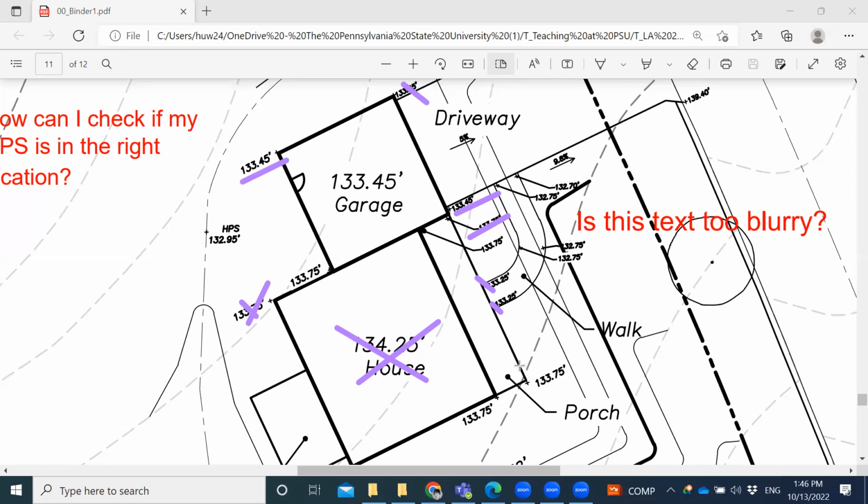Or is this porch above? It's probably above the ground. So the ground elevation is not 133.75. There's some things going on here with differences that are not well justified. So if you want to keep your garage at 33.45, make house 0.5 above, then things will be a lot easier.